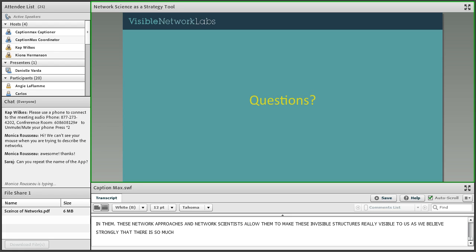These network approaches and network science allow us to make these invisible social structures really visible to us, and we just believe strongly that there is so much power and work we can do when we can get better at these approaches. So we're just part of that work.